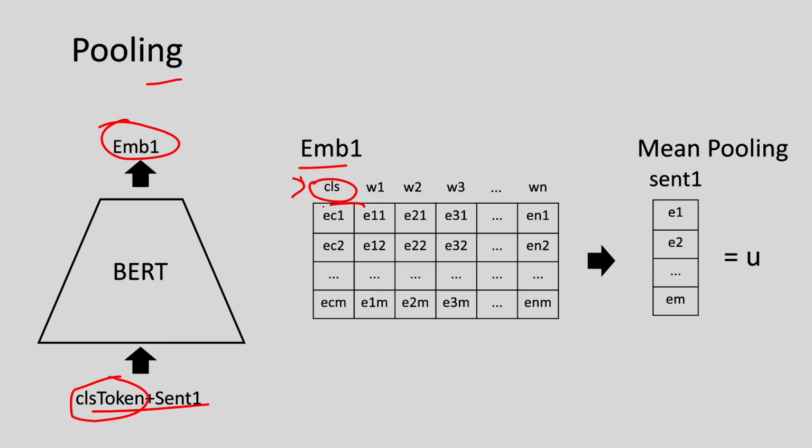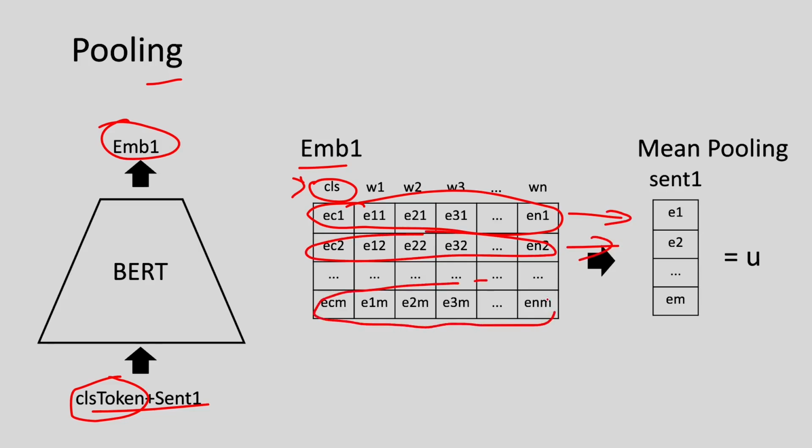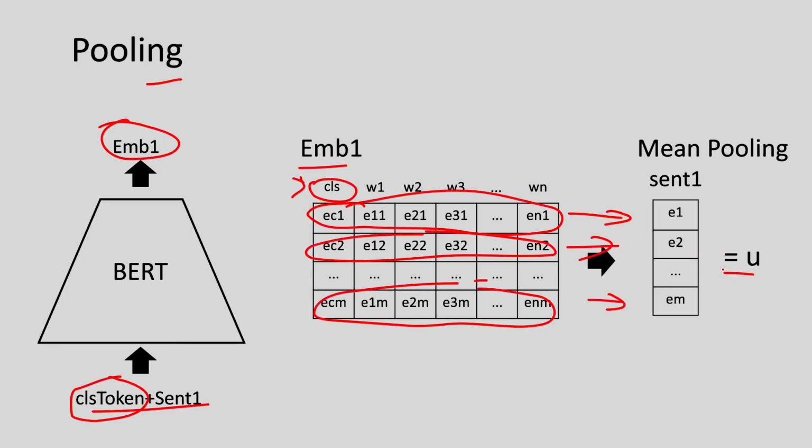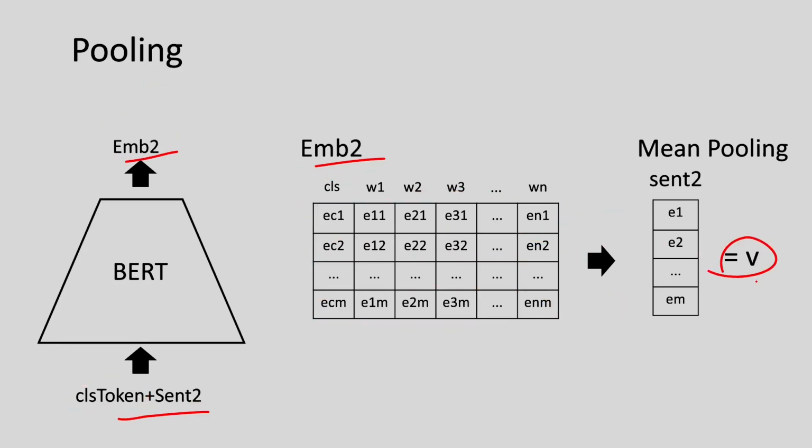Again, do the same thing: mean pooling, where you go over here and average this and you get a particular E1. Same thing for this, you pool this one and you get E2, all the way to M and you get EM. Let's call this U. Can't we do the same for the second sentence? Same idea. You find the embedding 2 and again do the pooling and call it V.